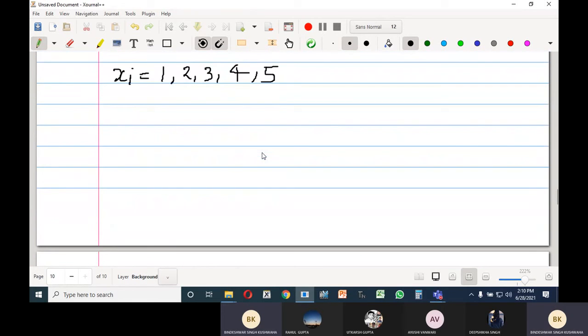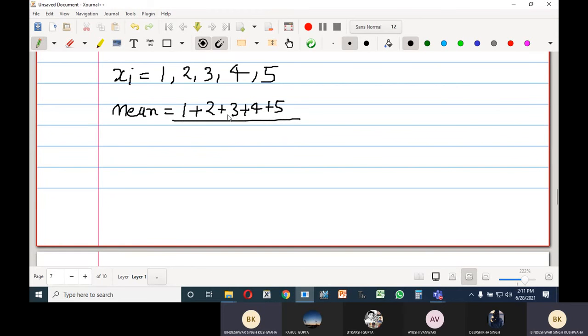See, you are going to calculate mean deviation, so first of all you will calculate mean. To calculate the mean of these data, you will add them and divide by 5, because the number of observations is 5. So 1 plus 2 plus 3 plus 4 plus 5.